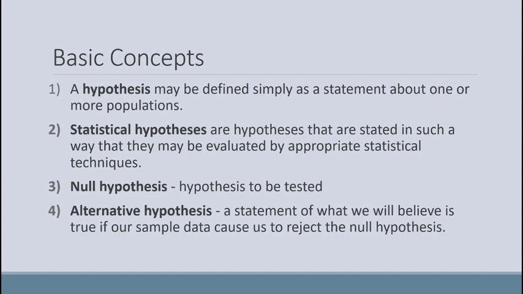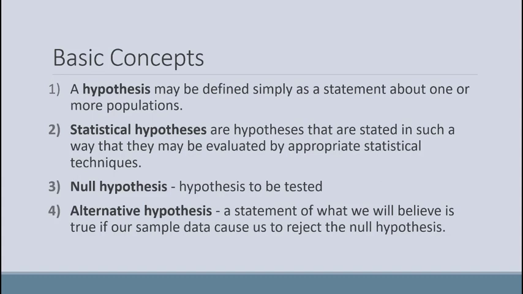In general, the null hypothesis is set up for the express purpose of being discredited. In the testing process, the null hypothesis is either rejected or not rejected. If the null hypothesis is not rejected, we will say that the data on which the test is based do not provide sufficient evidence to cause rejection.